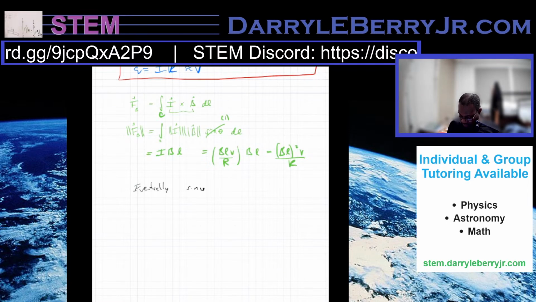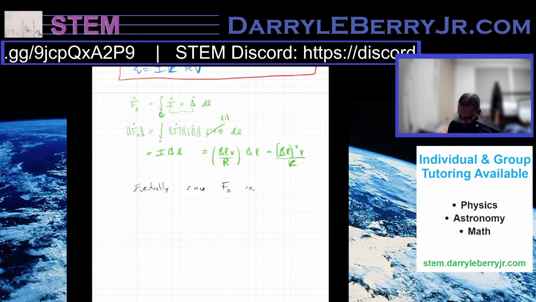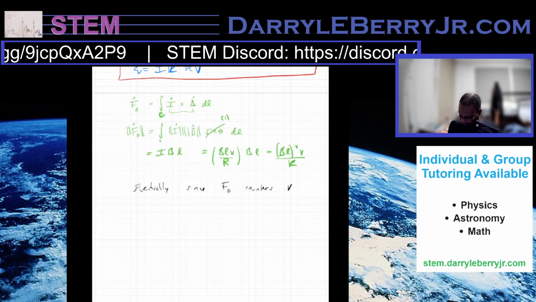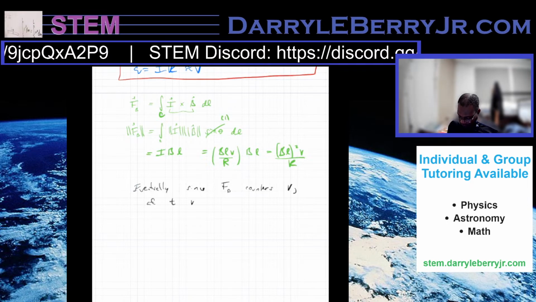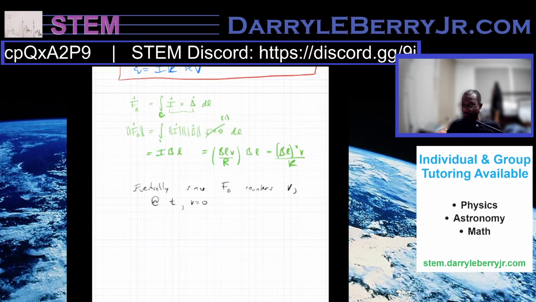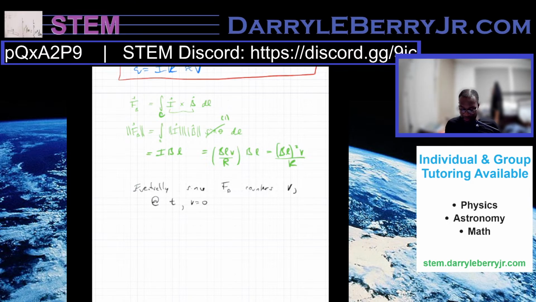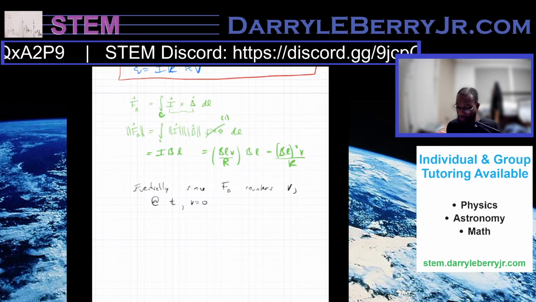Eventually, since the force counters V, at large t, V equals 0. So let's look to the next one.